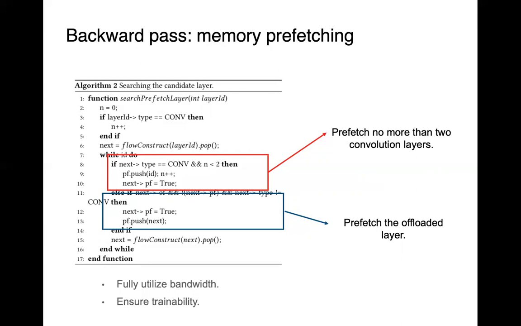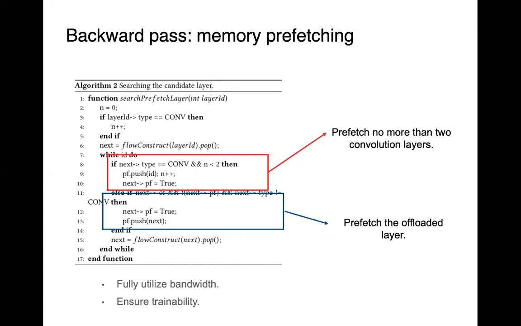So, we restrict that no more than 2 convolution layers reside in the GPU, which is illustrated in line 11. This is because convolution layers are computation intensive. Prefetching these layers too early will underutilize the GPU resource.